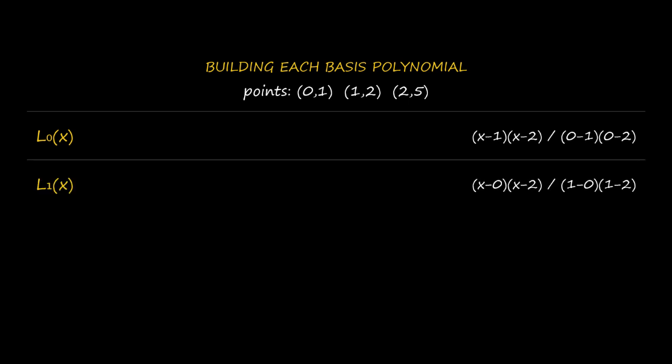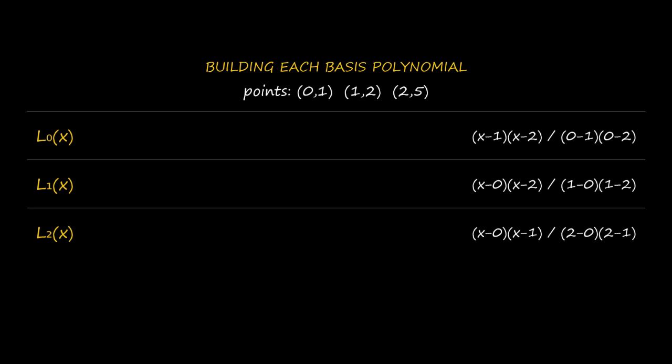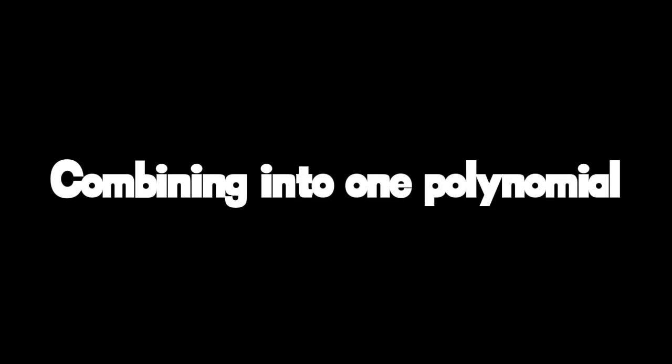L sub 1 of x equals (x minus 0) times (x minus 2) over (1 minus 0) times (1 minus 2). L sub 2 of x equals (x minus 0) times (x minus 1) over (2 minus 0) times (2 minus 1). The denominator is a fixed number. The numerator has an x minus point factor for every other point, combining into one polynomial.